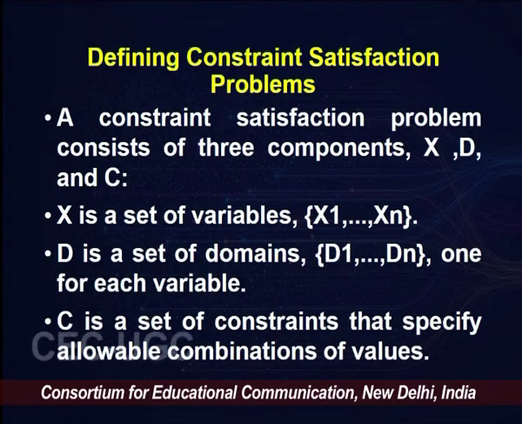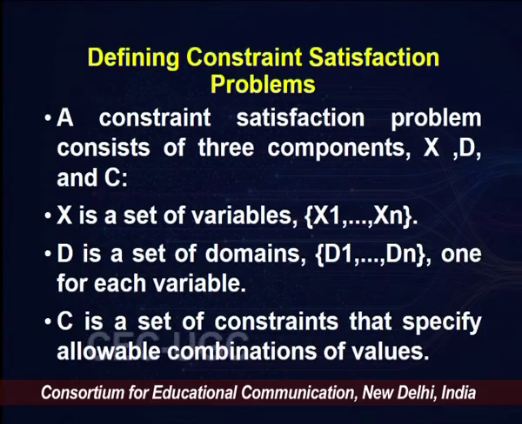Coming to the set D, which is the set of domains from d1 to dn, there is one domain for each variable. So, for x1 the domain is d1, for x2 the domain is d2, and so forth.